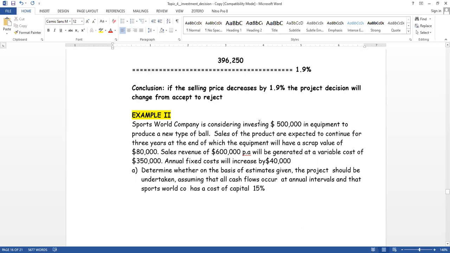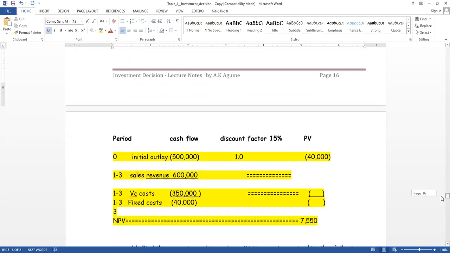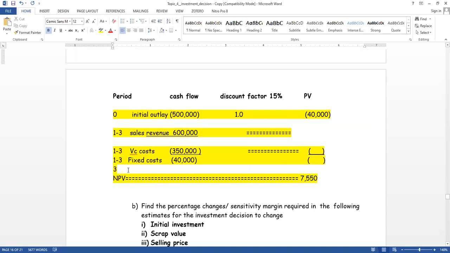And since our period is 3 years, this 80 is going to be got in year 3, because that is the end of the investment.